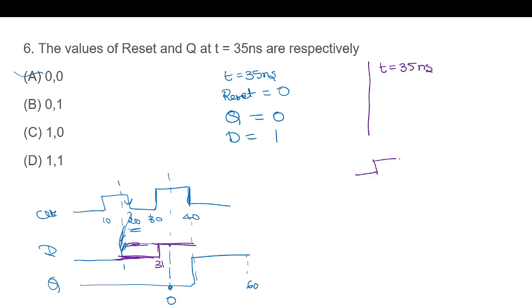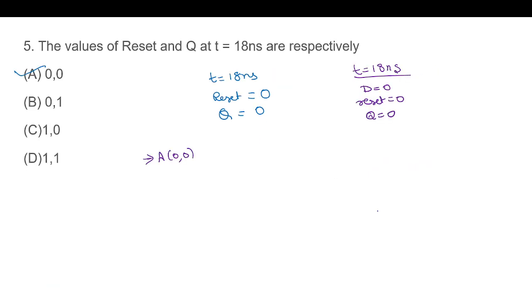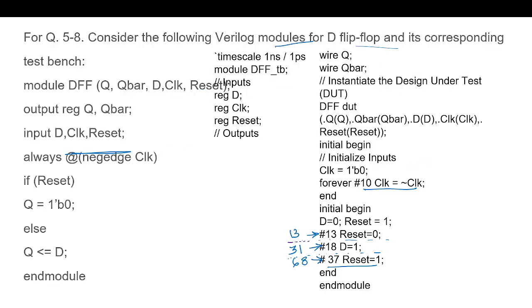If I draw the clock, clock will toggle after every 10: 40, 50, 60. So this is the clock. D input is 0 till this interval.